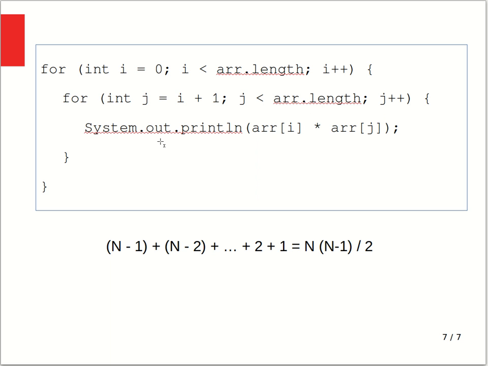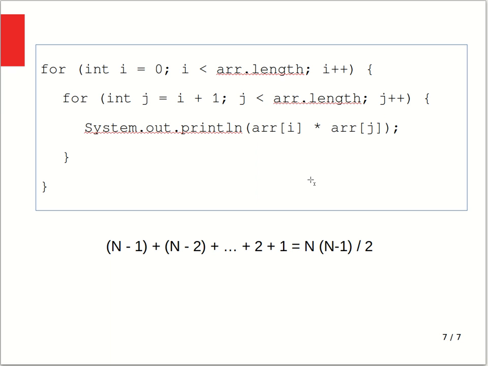And System.out.println is a Java convention for printing something to the screen. We are still multiplying the ith element of the array with the jth element of the array, and then printing it to the screen.